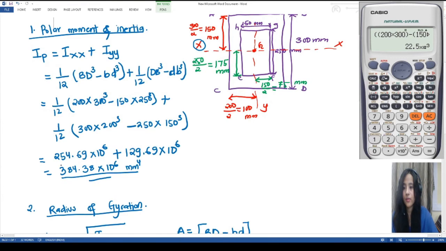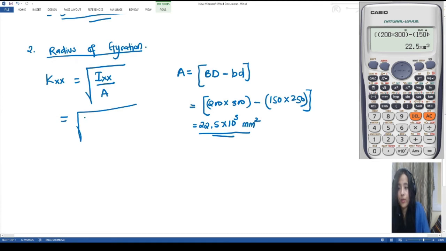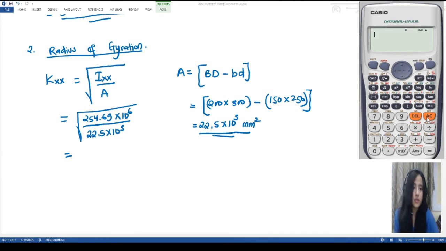About Ixx, it was equal to 254.69, so I have 254.69 into 10 raised to power 6 divided by the area, 22.5 into 10 raised to power 3.